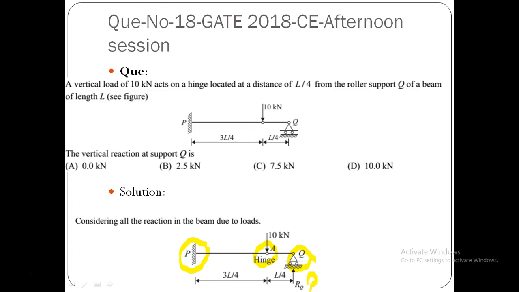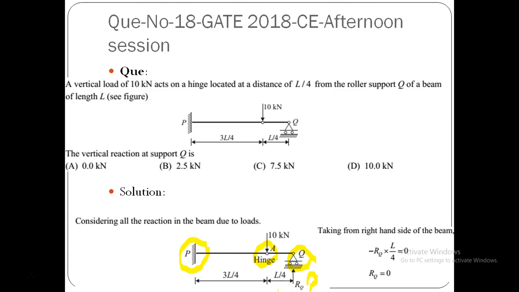Since on the left hand side of point A there are no loads acting, the only unknown, that is the reaction at Q, can be calculated if we consider the right hand side of point A.